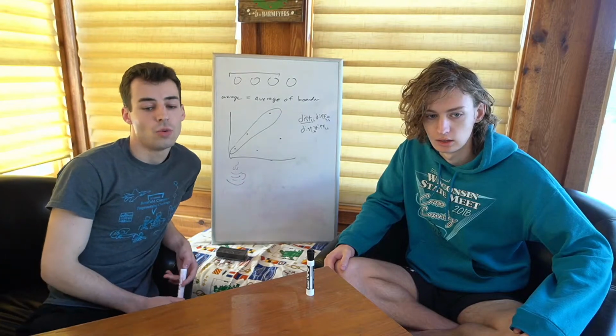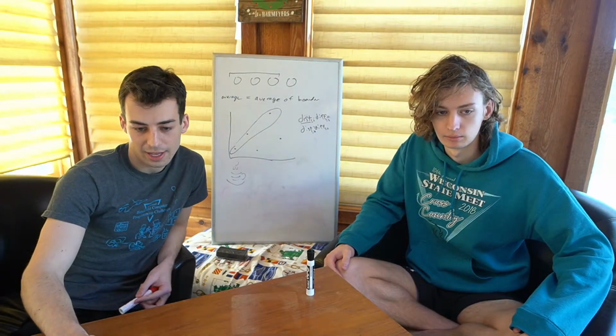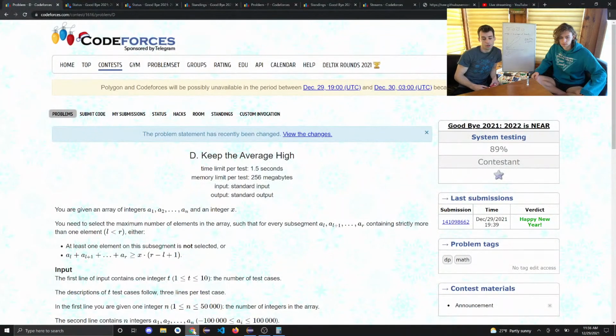We have an array of n integers, and we want to hide some of the integers. We're going to select some integers, and we want it so that for every range of numbers, either that range includes a number we didn't select, or if it's all numbers we selected, the average of those numbers is at least x.